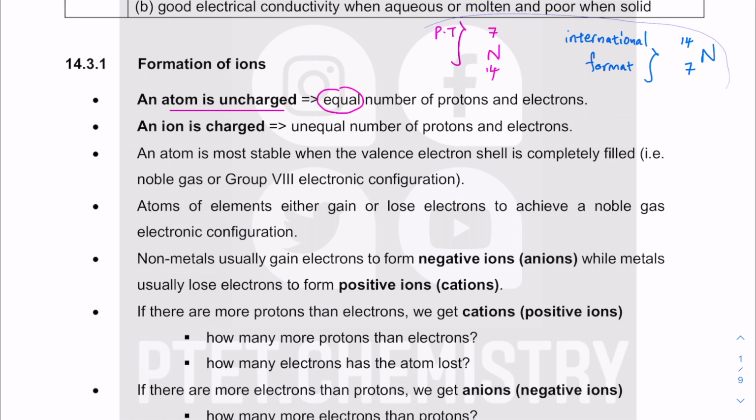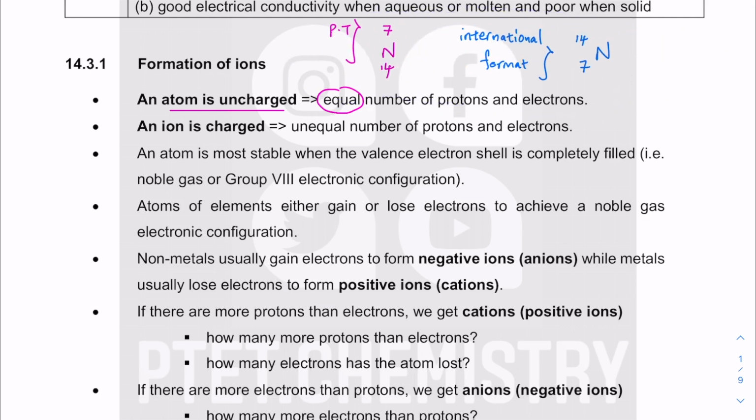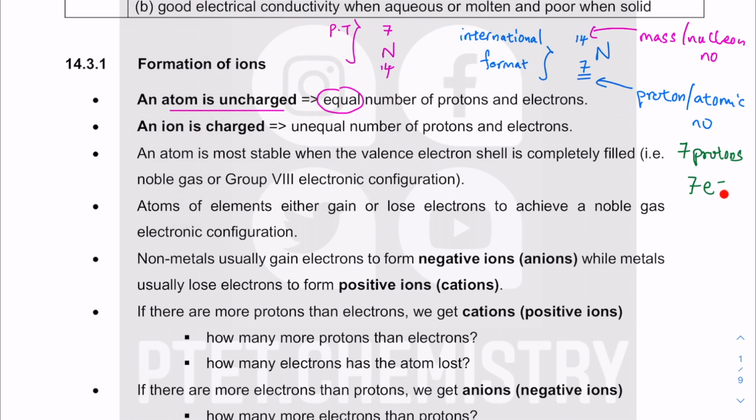Alright, so having said that, we can establish that this is the proton number, or atomic number, and then the number on top there is the mass number or nucleon number. So I could establish that there are 7 protons, and therefore there are 7 electrons. Electrons are negatively charged, 7 electrons, because in an atom of nitrogen, the number of electrons is equal to the number of protons.